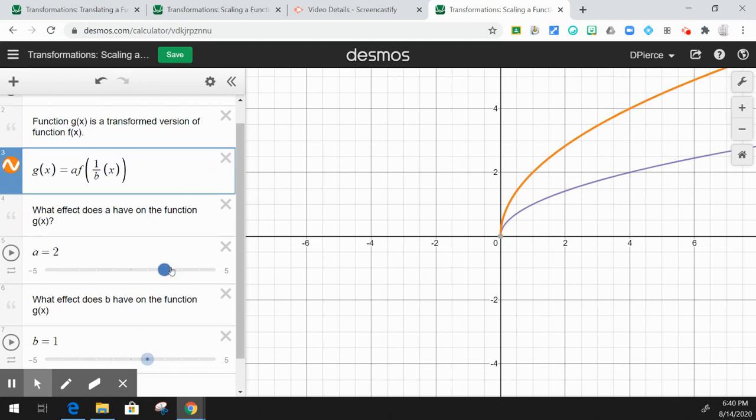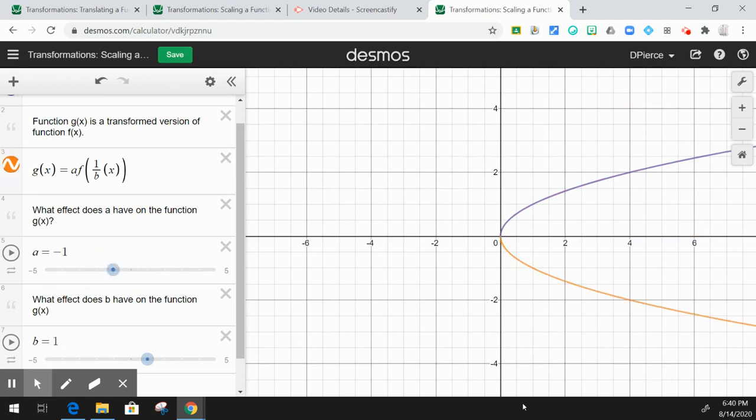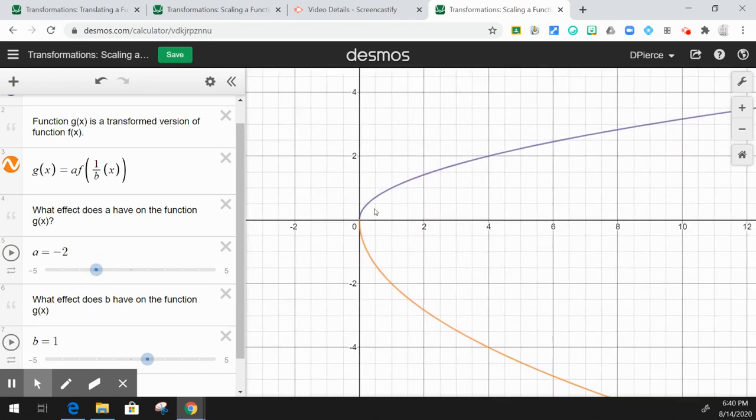If you have a negative 2, not only does the graph reflect over the x-axis, but it also stretches. So when it was positive 2, it was up here. If it's negative 2, it's a reflection and a stretch.